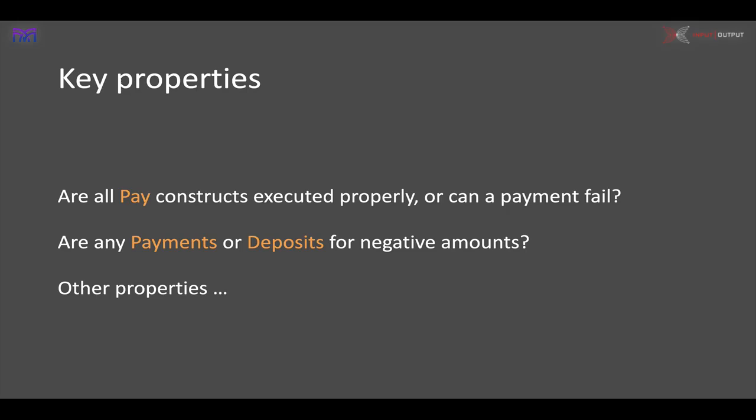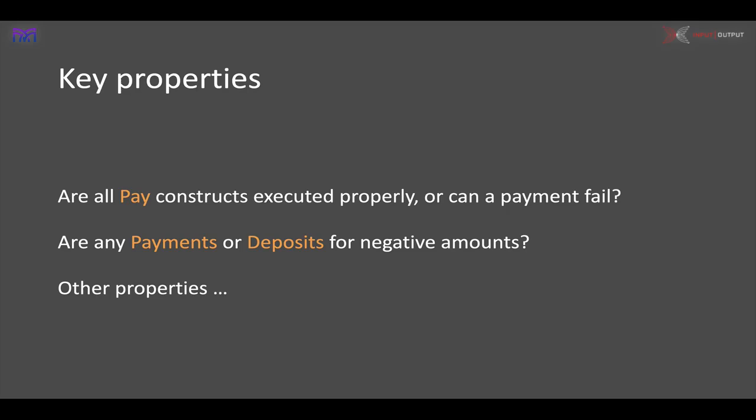that potential. Another property we can check for is whether any payment or deposit in the contract is going to be for a negative amount. That doesn't make sense, but the contract may, just because of the mechanics of the way it's been written, have that possibility. We want to be able to check that can't happen.